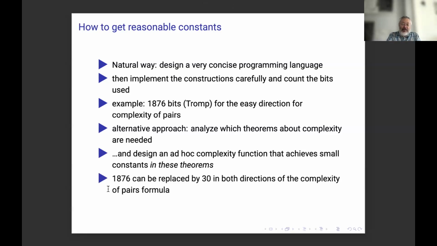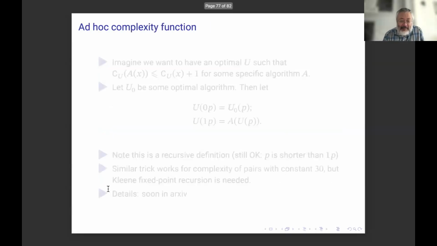In this way, we can replace several thousand by several dozens. For example, the constant from Tromp can now be made 30, or even maybe 20, much better than several thousand.